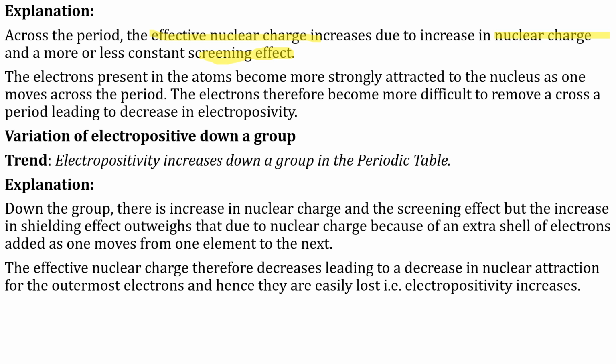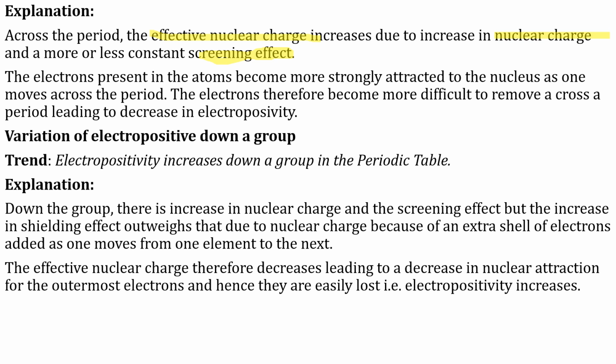We have defined electropositivity as the tendency to lose valence electrons. What do you think is going to affect the loss of valence electrons? That means that the valence electrons or outermost electrons are going to be easily lost when atomic radius is larger or when the effective nuclear charge is low. Remember, effective nuclear charge is the one that attracts the outermost electrons.